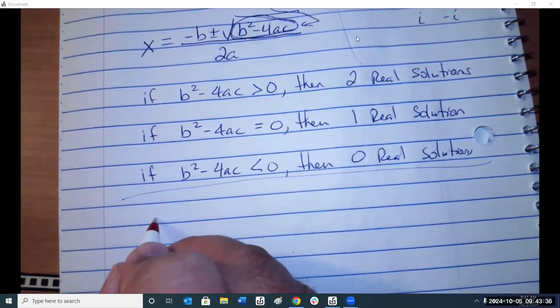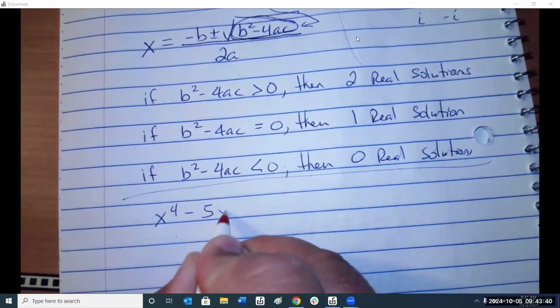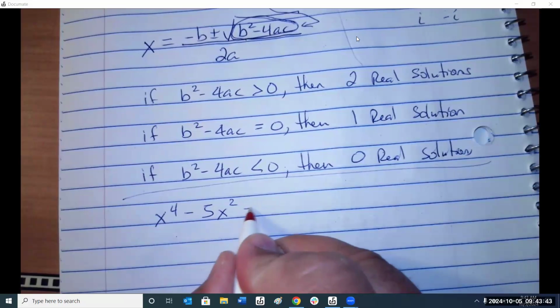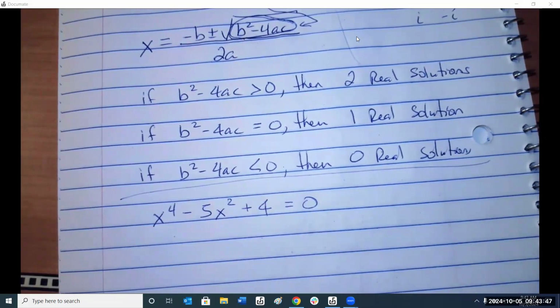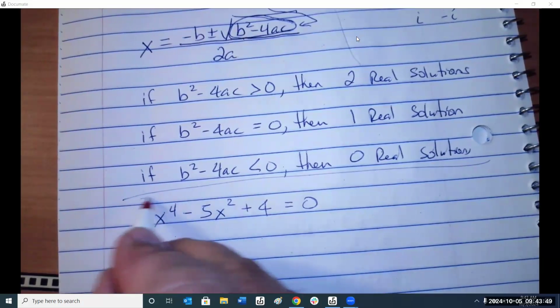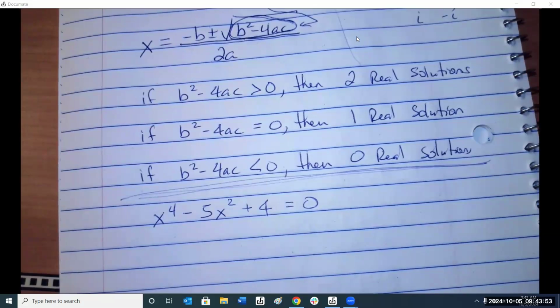What if I gave you this equation? Is that quadratic?